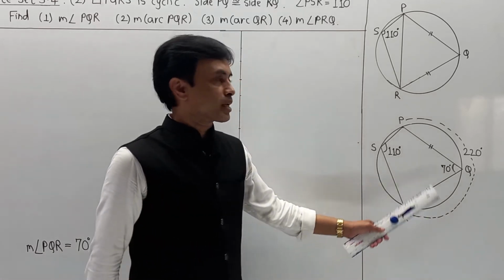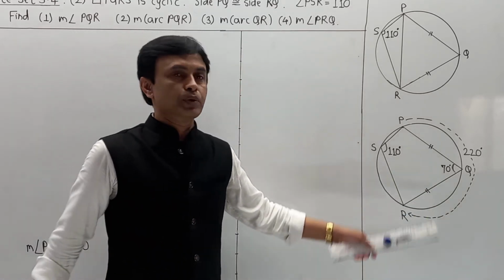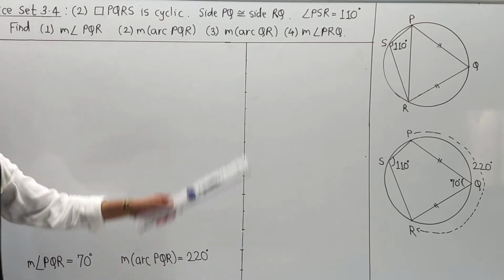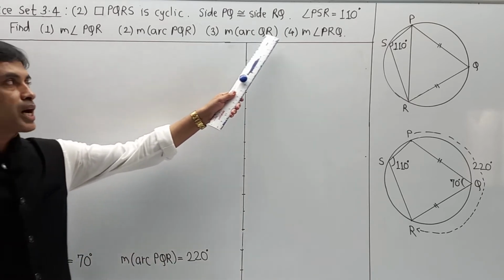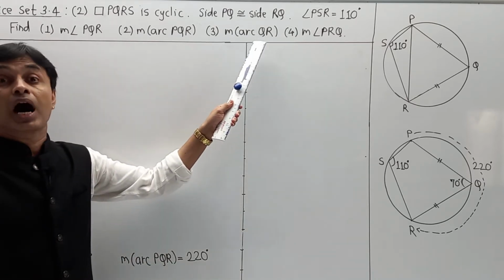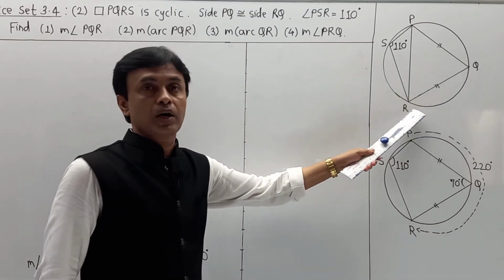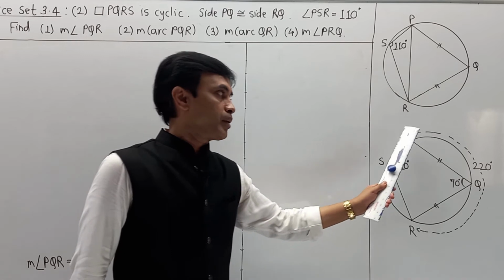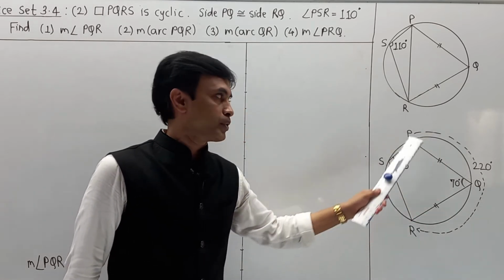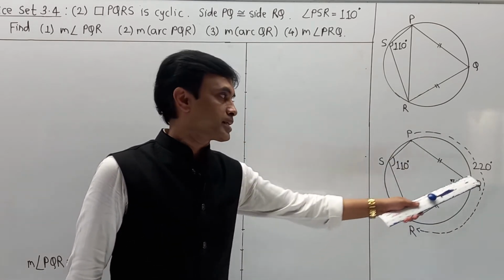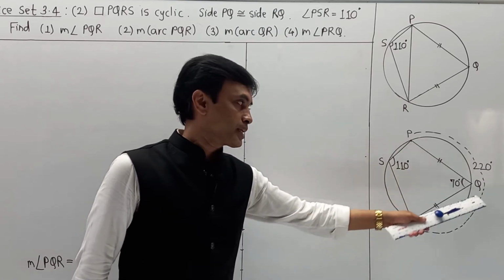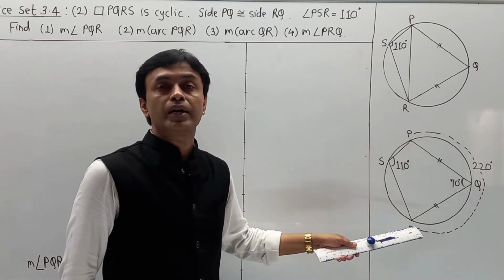I have drawn this diagram so that any additional rough work I can do it over here. Now our next question is, find the value of major arc QR. Major arc QR means you are supposed to find the value of arc QR over here. Now remember, we know total PQR, and that is 220 degree. But they are interested only to find the value of arc QR.